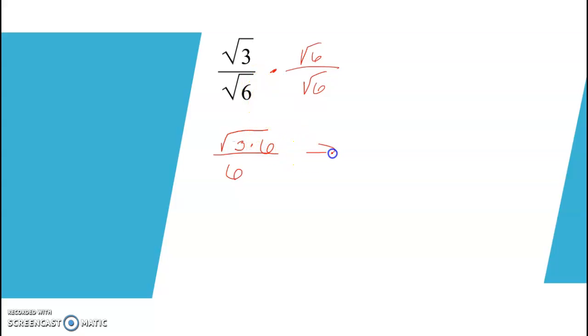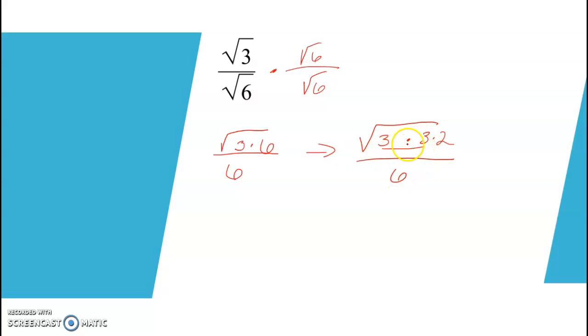Well, hold on a minute. I know that 6 can break out. The 3 is going to stay there just like it was. Then the 6 is going to break out into 3 times 2.